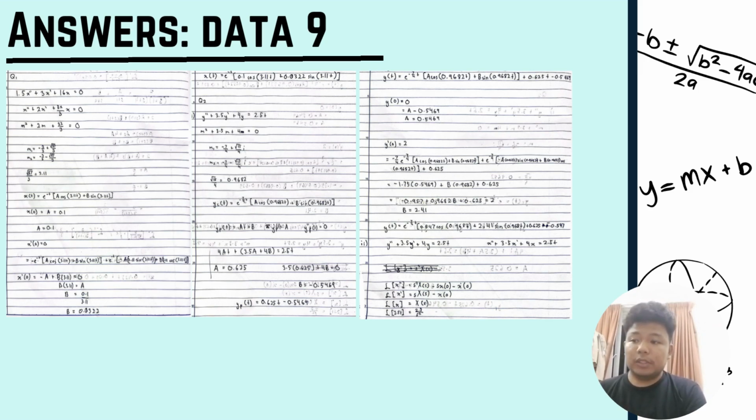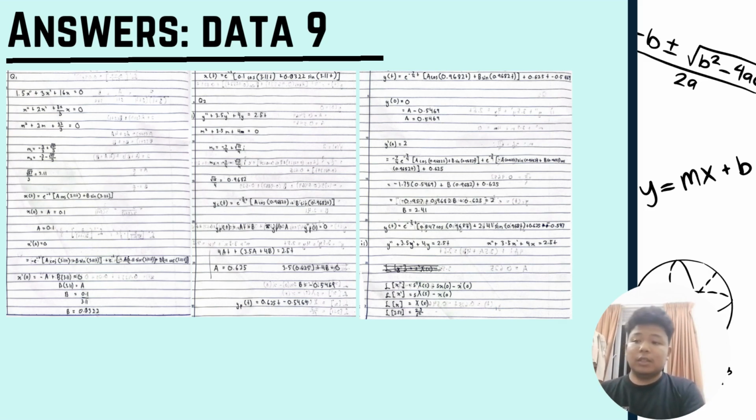When we plug into the y complementary equation, we get e to the power of negative 7 over 4t, a cos 0.9682t plus b sin 0.9682t. So for y particular, we can use the at plus b equation, which is y prime is equal to a and y double prime is equal to 0.